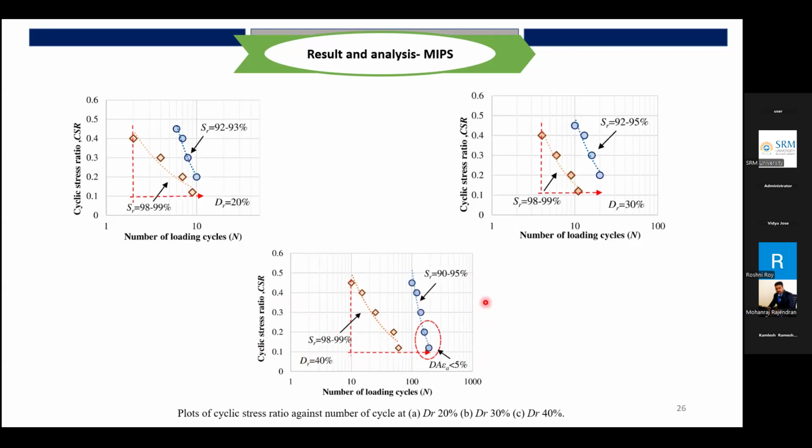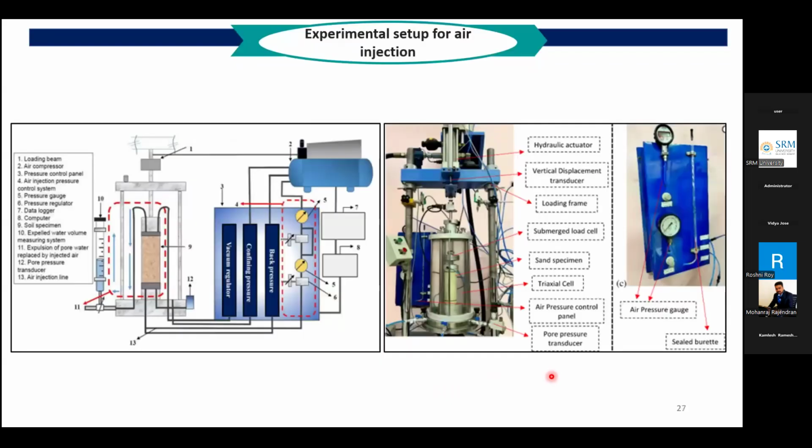So that shows very clearly the effect of introducing partial saturation in the soil. If you go for further reduction in degree of saturation, then we are able to reach even higher earthquake levels, more than 0.5 CSR, in a very controlled way, with dA epsilon A less than 5. I hope this has given a complete idea about the criteria.